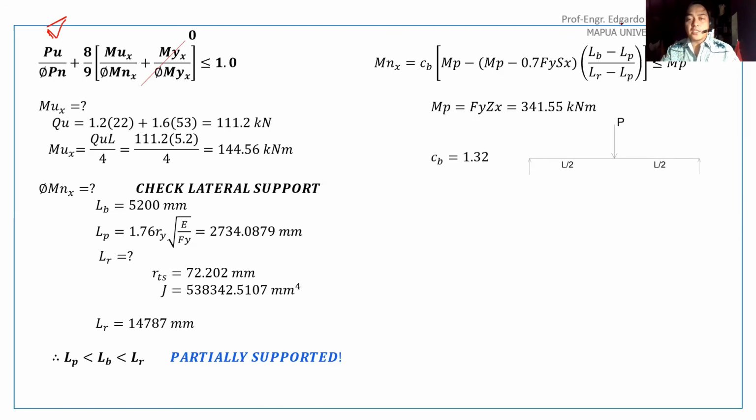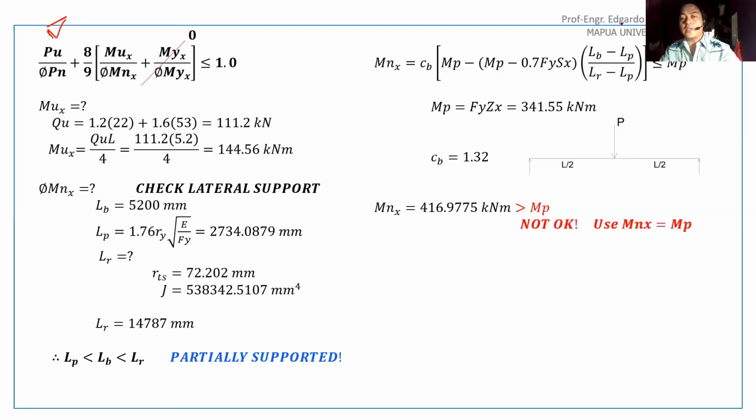So when we substitute CB, MP, LB, LP, LR dun sa MNX equation, we will arrive with the MNX value of 416.9775 kilonewton meter. And if you will notice, yung calculated MNX exceeds the limit of 341 na MP. So therefore, for this case, we will be adopting MNX equals MP.